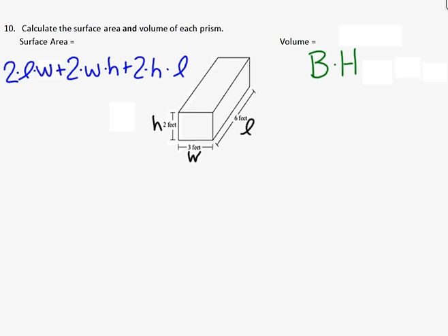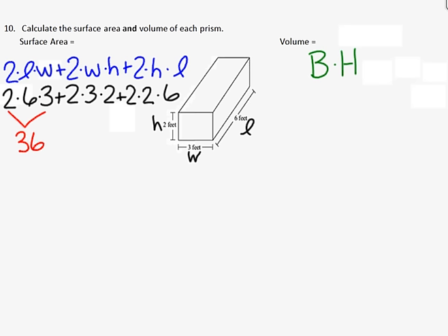Okay, from here, we'll just substitute those in. So 2 times 6 times 3 plus 2 times 3 times 2 plus 2 times 2 times 6. Okay, order of operations, do all of the multiplying first. So this 2 times 6 times 3 is 36. 2 times 3 times 2 is 12.